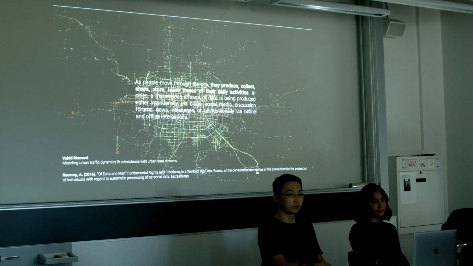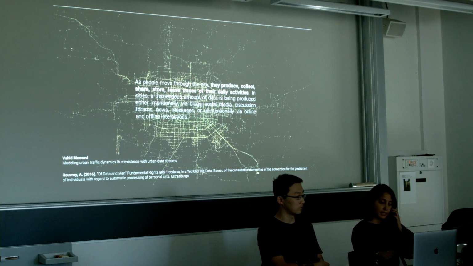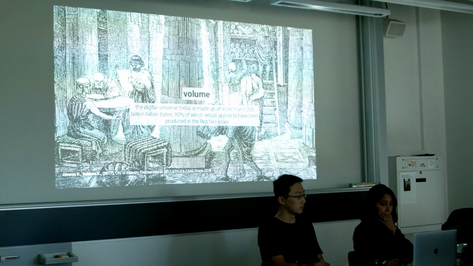And these data are often described by 4 characteristics, which are volume, velocity, variety, and recently value was added to the list. Just to give an example, today every person has 320 times as much data as it was estimated to have been stored in the Library of Alexandria that we're seeing in the picture.